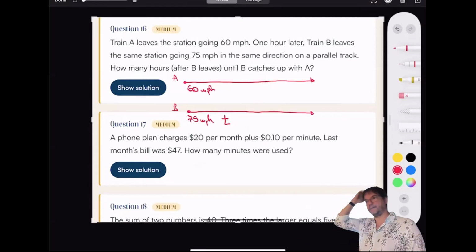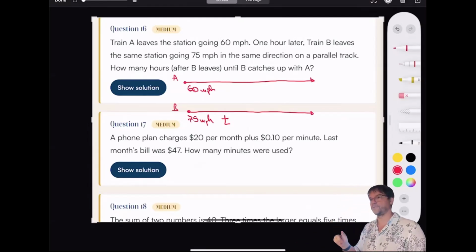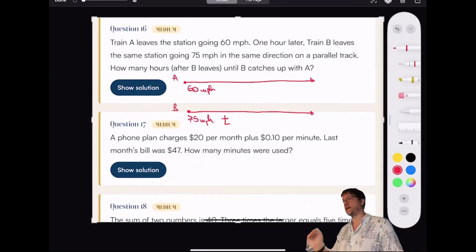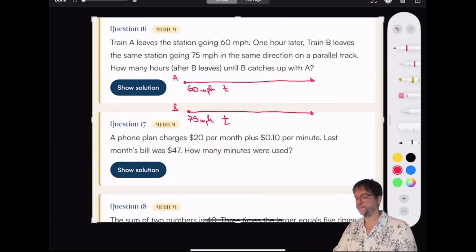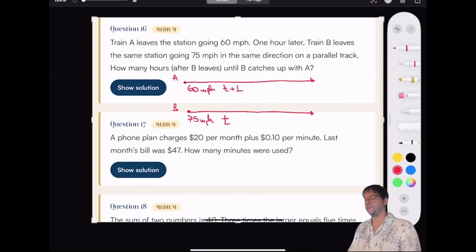And I will put A in terms of T. The time that A is traveling until it is passed by B will be T plus 1. Why?